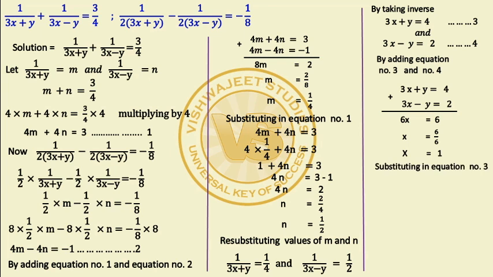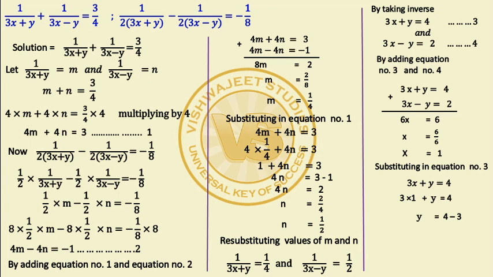To get the value of variable y, substitute in equation number 3, we get 3x plus y is equal to 4. Writing 1 instead of x, we get 3 into 1 plus y is equal to 4. After multiplication, we get positive 3.